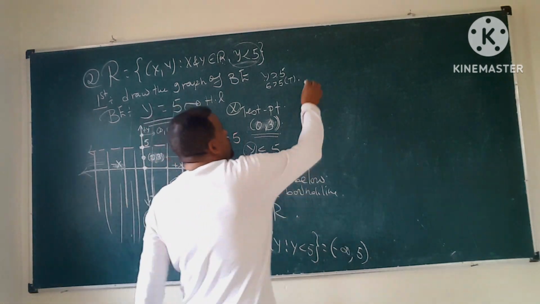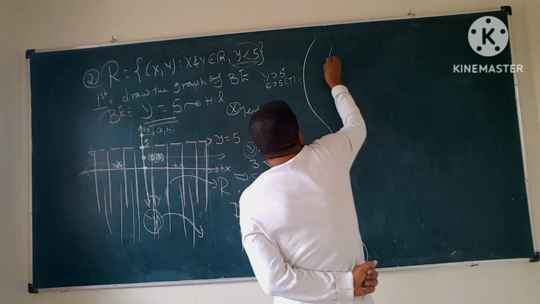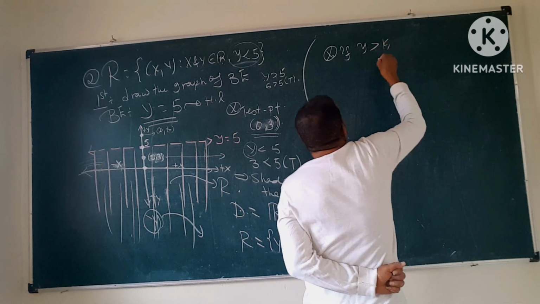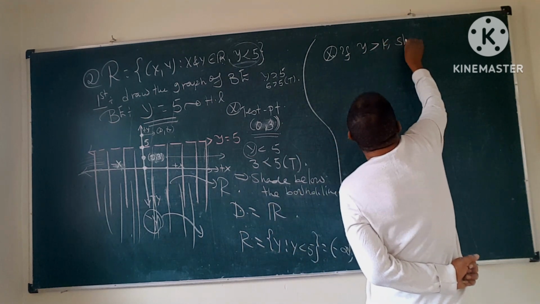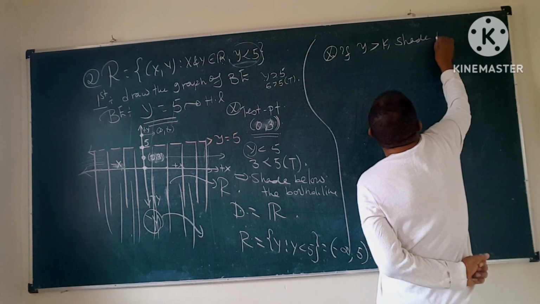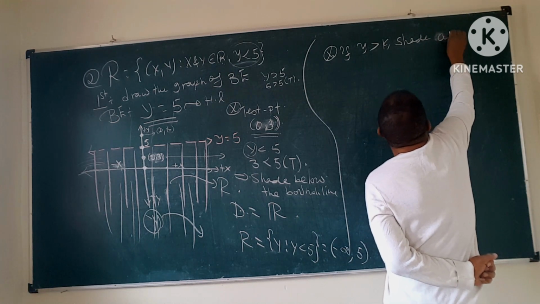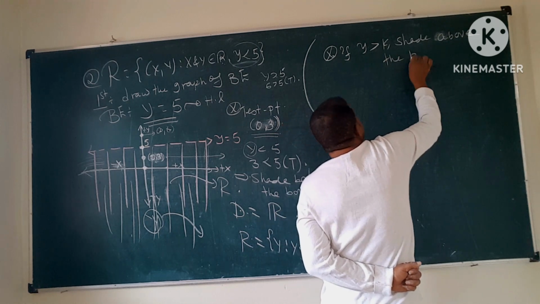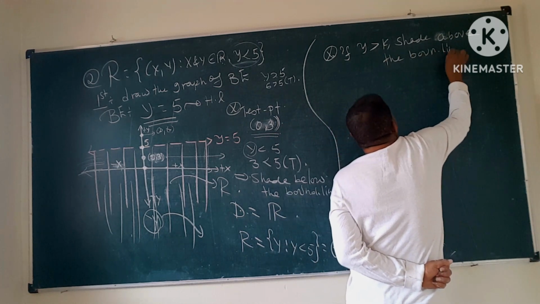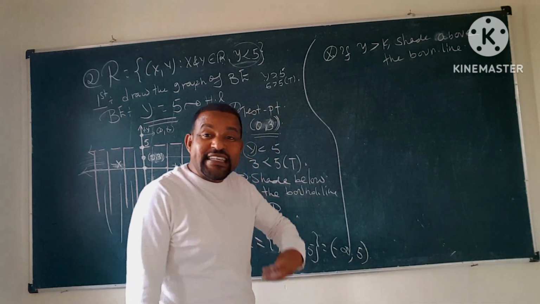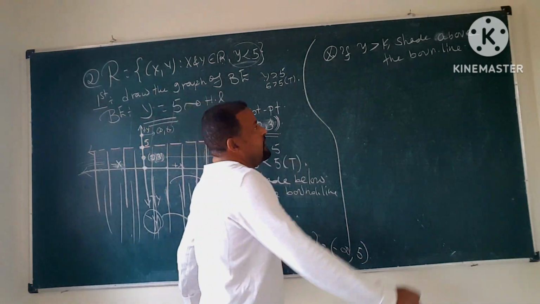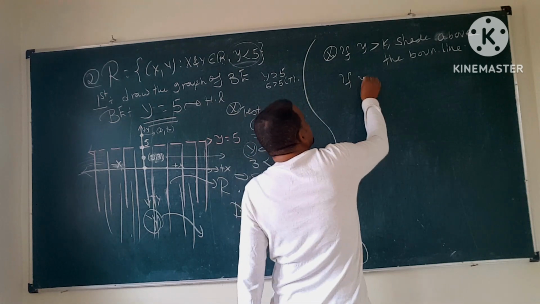So, generalizing: if y is greater than k, then we shade the region above the boundary line.